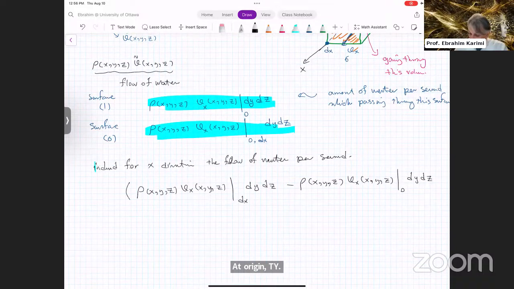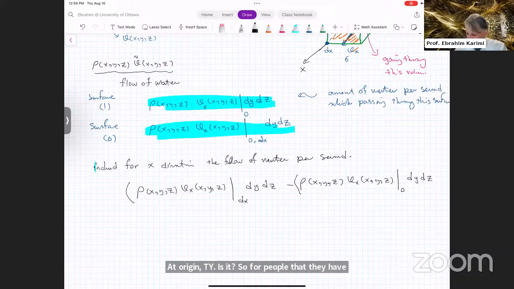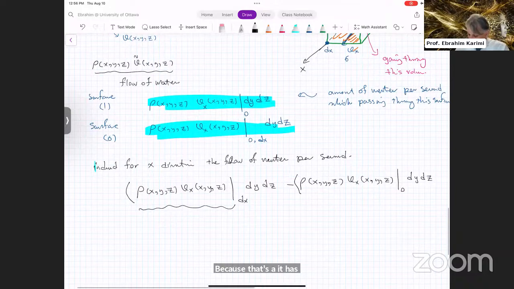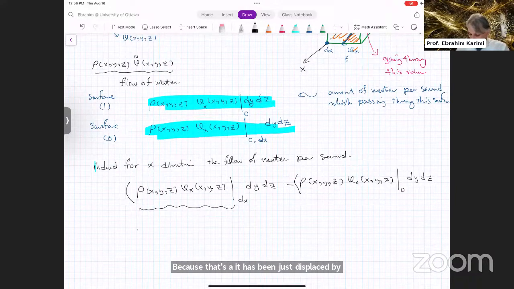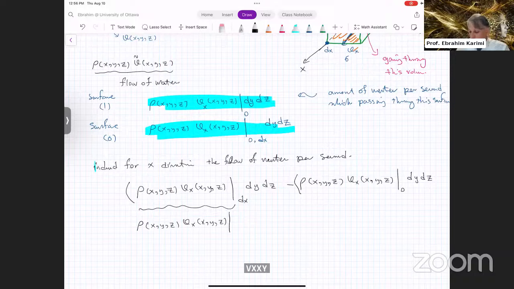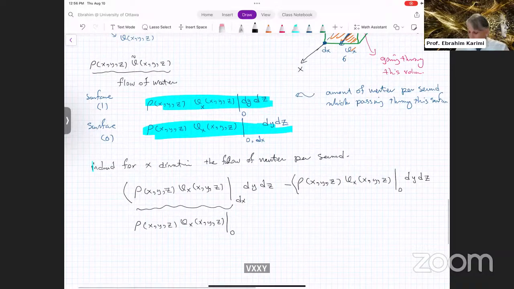So for people who are familiar with the Taylor expansion, I can expand this function close to the origin, because it has just been displaced by dx. Within the first approximation, it is rho x, y, z, Vx of x, y, z at the origin.